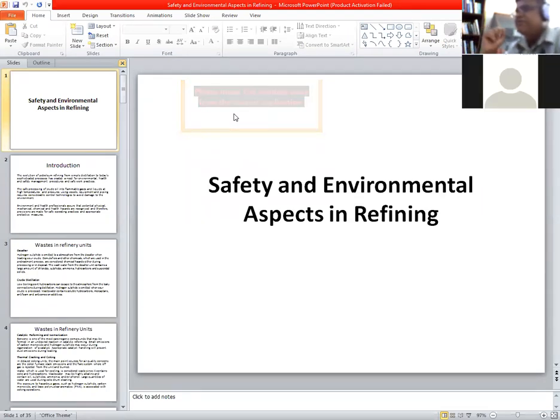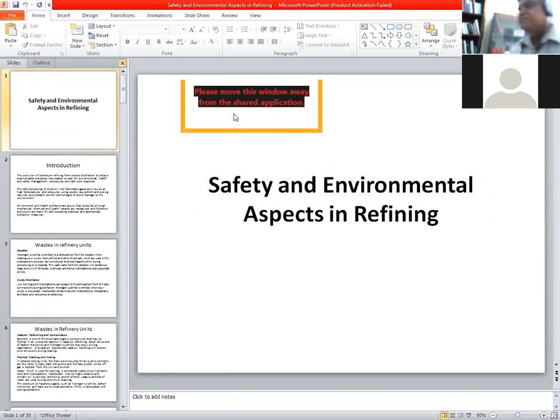So actually, a petroleum refinery is a very complex processing plant. A lot of activities are carried on, and a lot of pressurized equipment is involved.